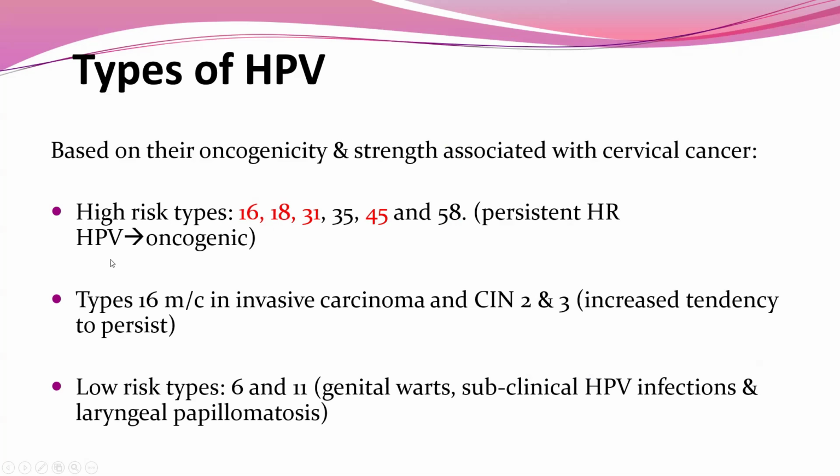Persistent HPV leads to oncogenicity, seen in invasive carcinoma and in cervical intraepithelial neoplasia 2 and 3 stages, with an increased tendency to persist. Low risk types like 6 and 11 lead to genital warts, subclinical human papillomavirus infection, and laryngeal papillomatosis.